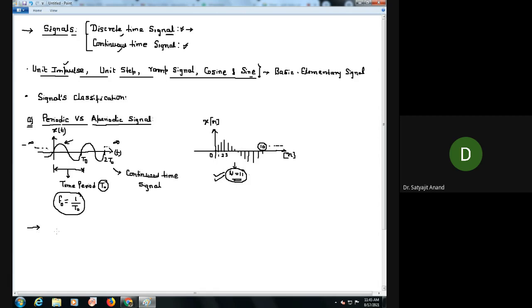Now, on the basis of this, how are we going to define a periodic signal in mathematical form? Here I may write this way: a signal is periodic when it satisfies the given condition.